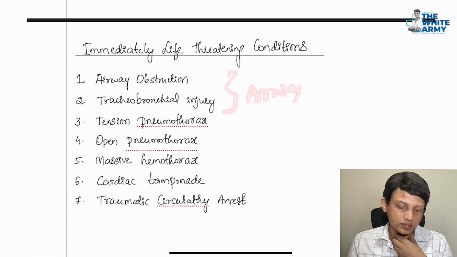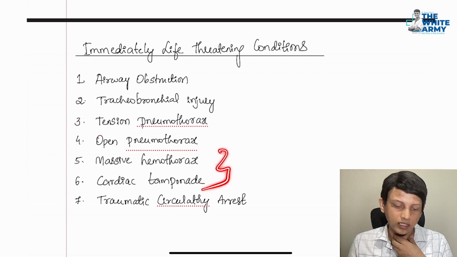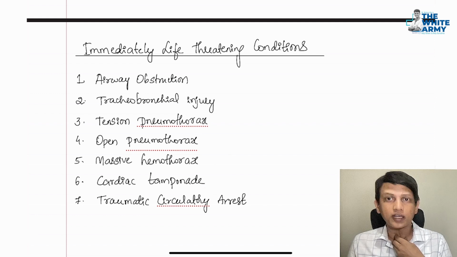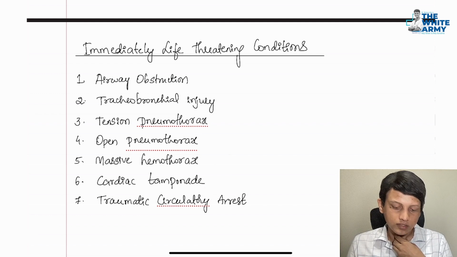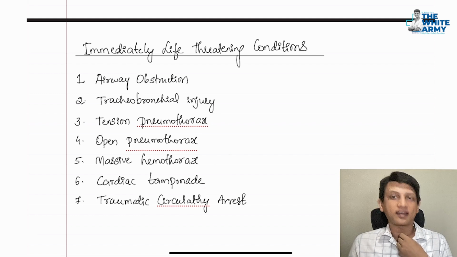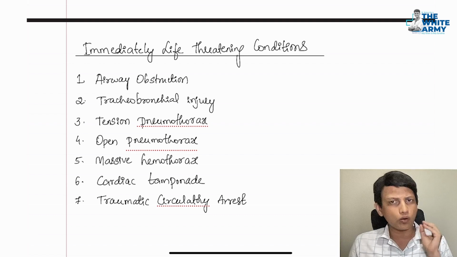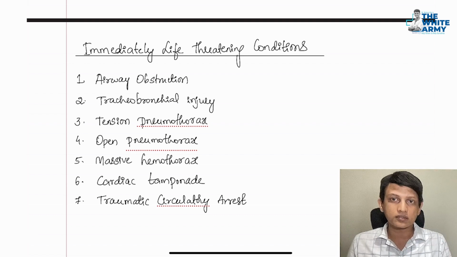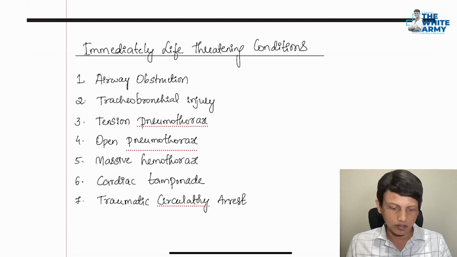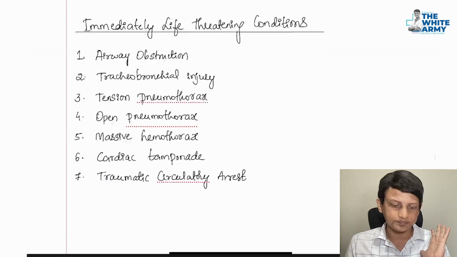Then two things related to breathing: tension pneumothorax and open pneumothorax. Then there are things related to circulation: massive hemothorax and cardiac tamponade. And then there is also traumatic circulatory arrest. These 7 things are immediately life threatening. We have to intervene within minutes or else lose the patient. These are the 7 conditions altogether. Should be very careful about.